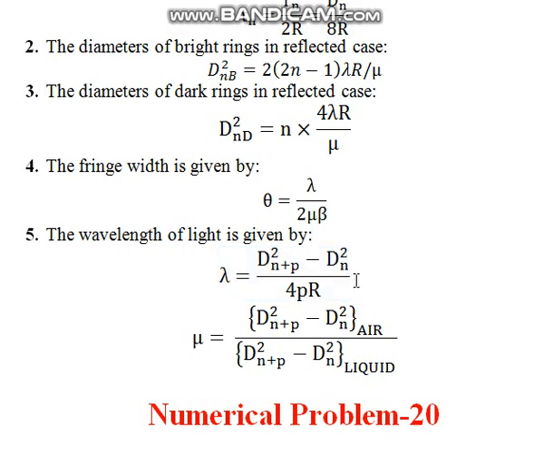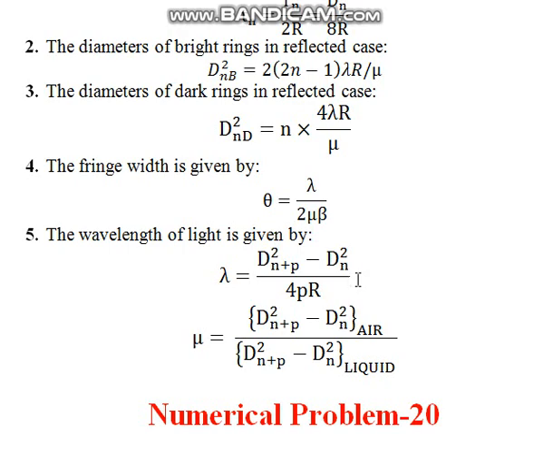This is a very important and useful formula for many numericals when there are two diameters, or more than two diameters given, and any one of the diameters is asked.